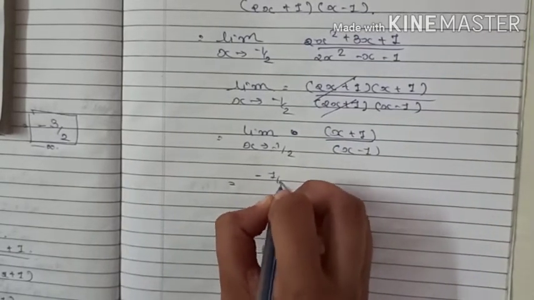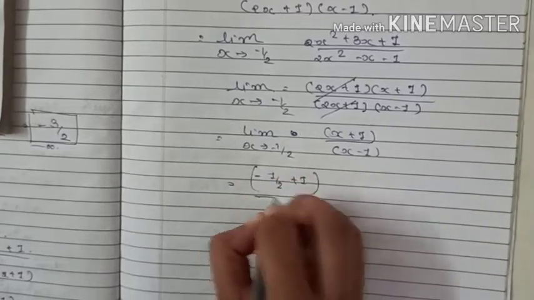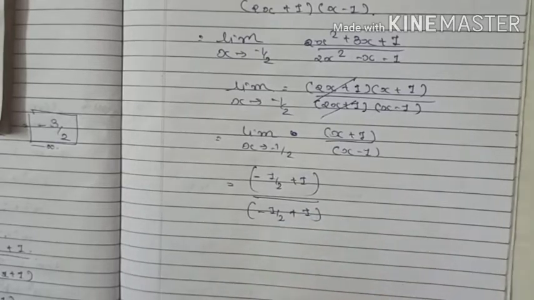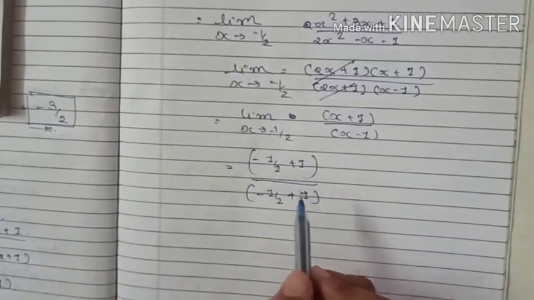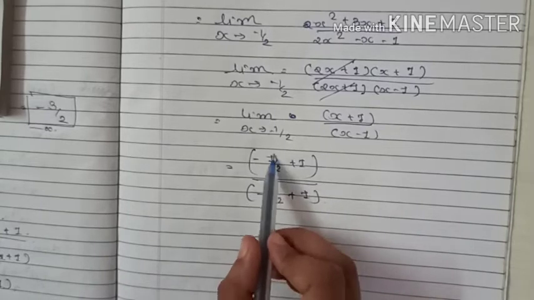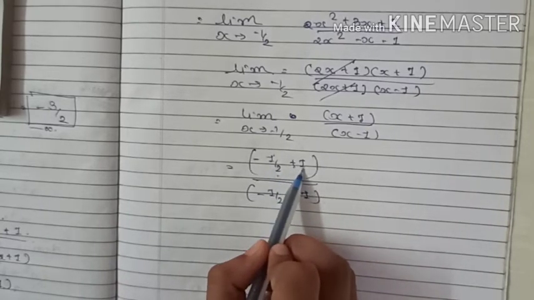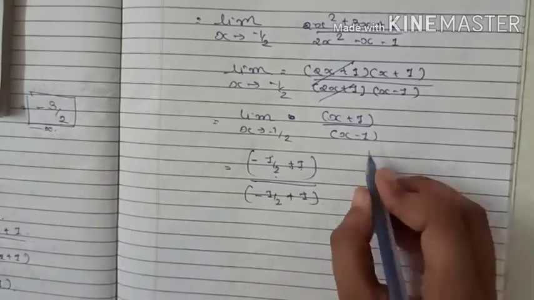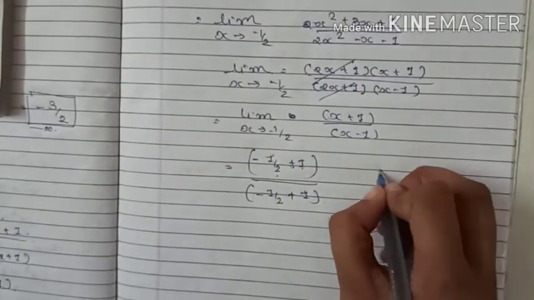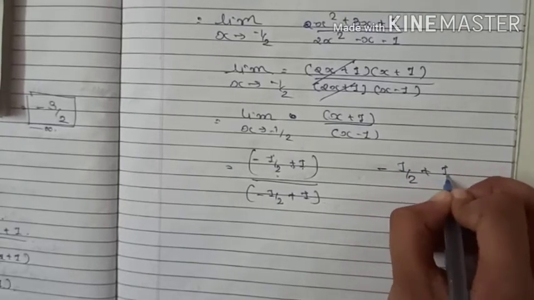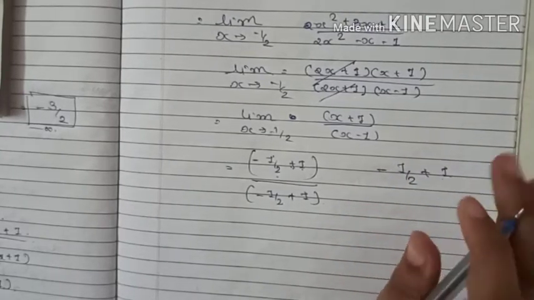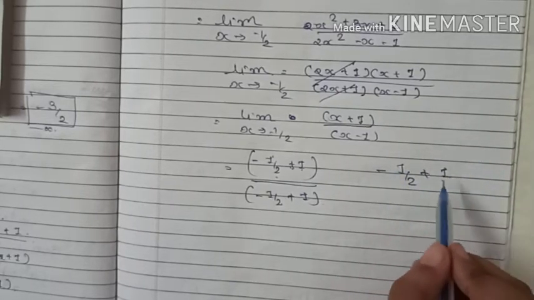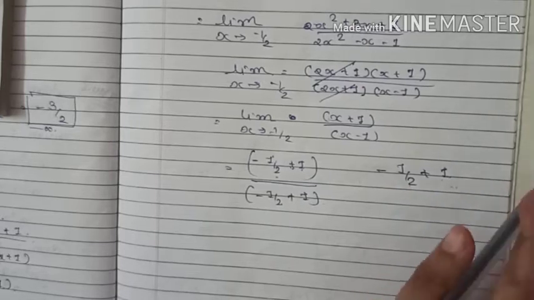So minus 1 by 2 plus 1 upon minus 1 by 2 minus 1. Hope you have known the solution of this function. So how can we solve? So minus 1 by 2 plus 1. For adding or subtracting any element, we need the denominator to be the same.